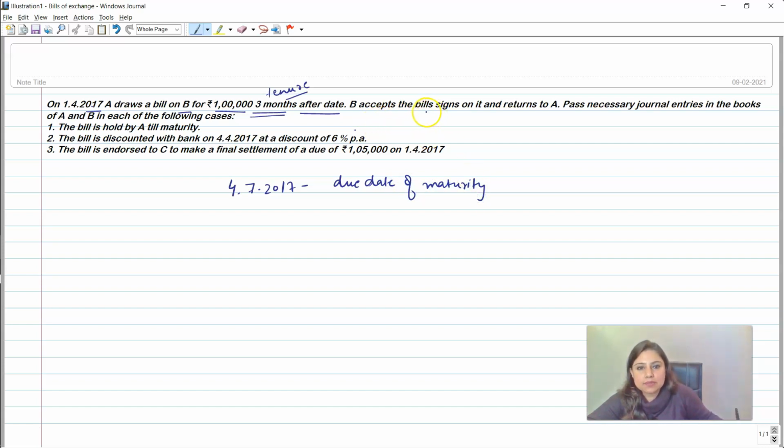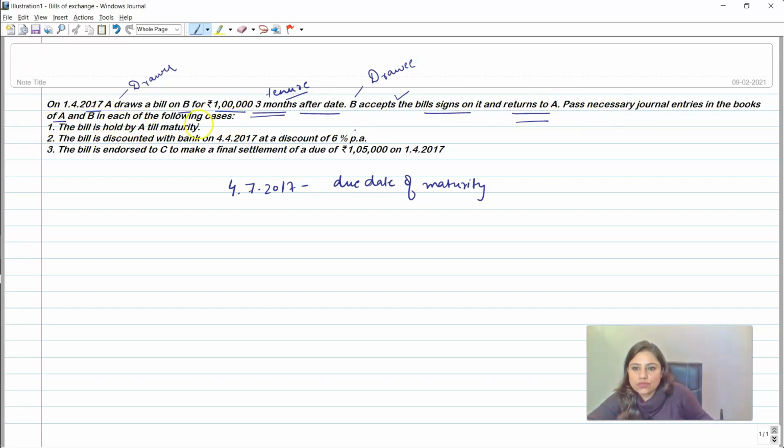So B accepts the bill, signs on it and returns it to A. The bill of exchange has been accepted. Pass necessary journal entries in the books of A, being the drawer of the bill, and B, being the drawee, in each of the following cases.